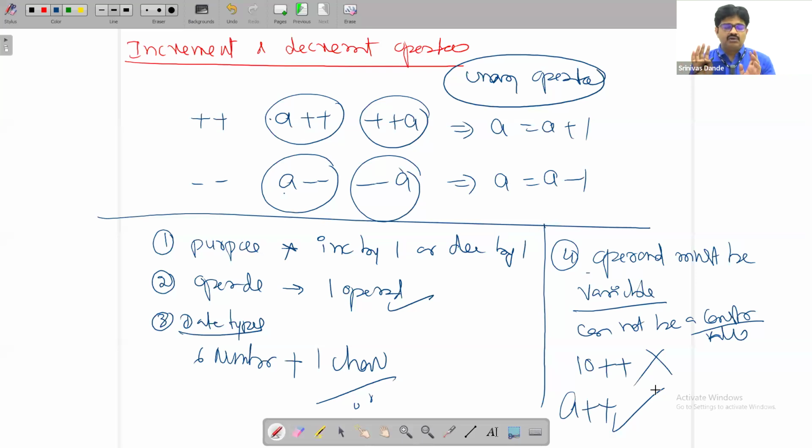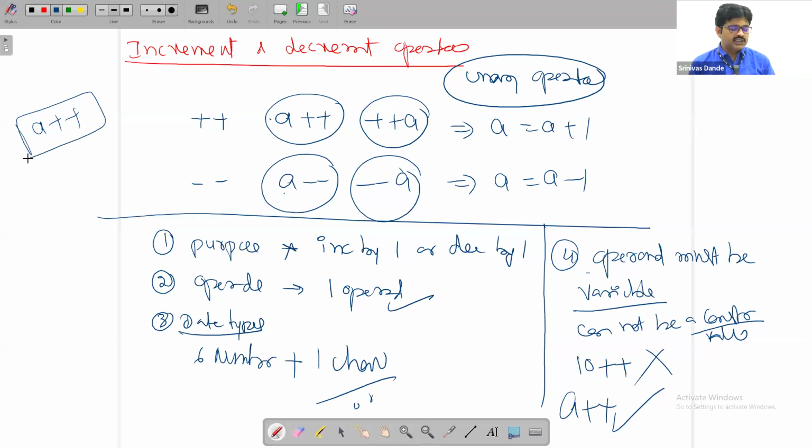Right? Now, you are seeing 2 styles of using the operators. If you see, a plus plus I have written, plus plus a I have written. These are called prefix and postfix. Which is the prefix? A plus plus, is this version called prefix or postfix?